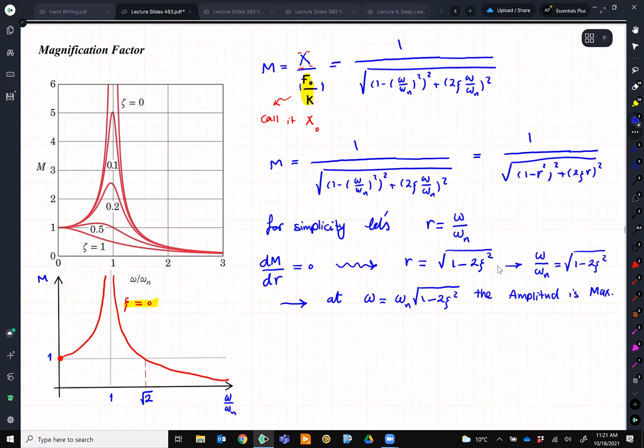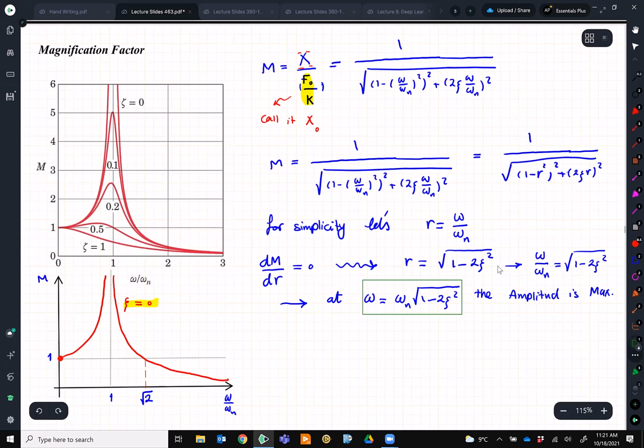And you need to be very, very careful. I've seen it a lot in the past that students confuse this value with omega d. Omega d is a totally different thing. If you remember, we call it the damped natural frequency. Note, omega d is equal to omega n square root of 1 minus zeta squared.